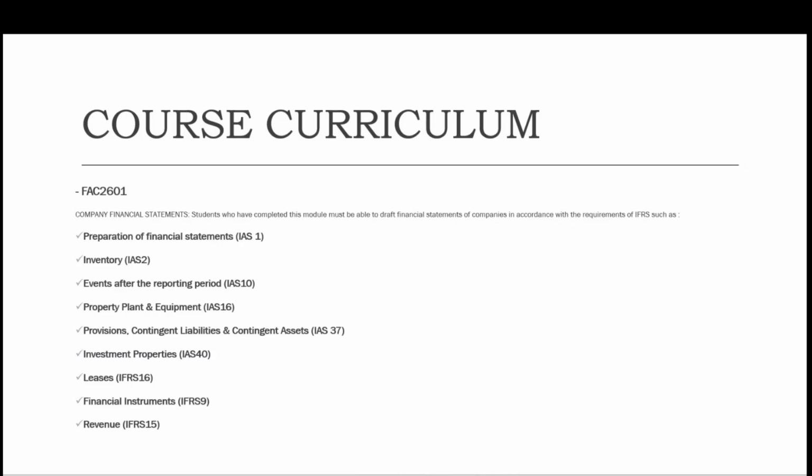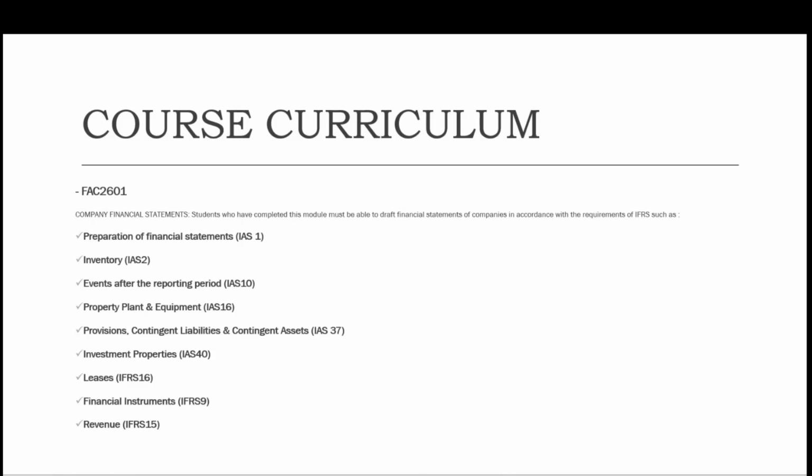It is used everywhere. Okay, so we will learn about inventory, which is IAS 2, events after the reporting period, IAS 10, property, plant and equipment, IAS 16, provisions, contingent liabilities and contingent assets, IAS 37, investment property, IAS 40, leases, IFRS 16 because it's a new one, then financial instruments, IFRS 9, then revenue, IFRS 15.